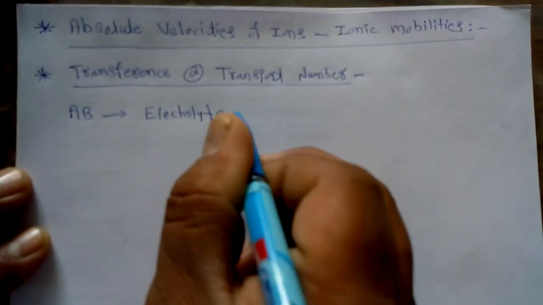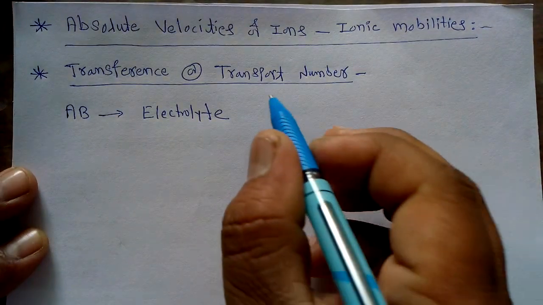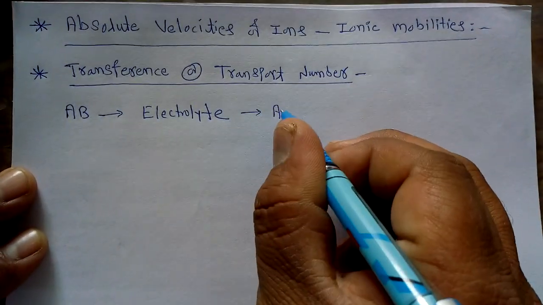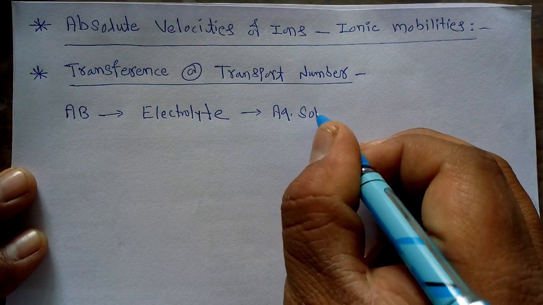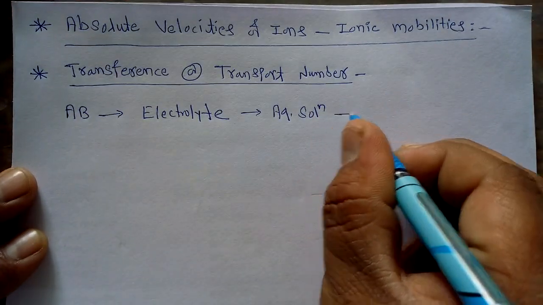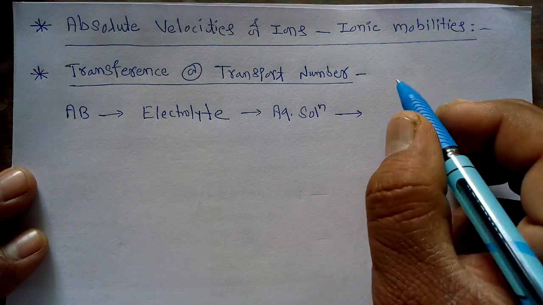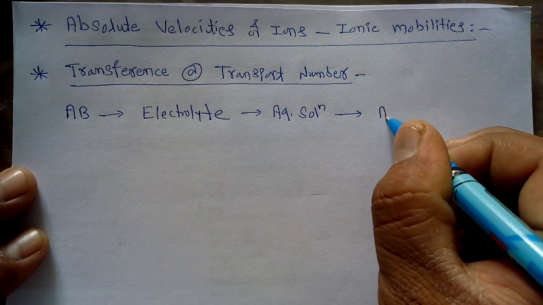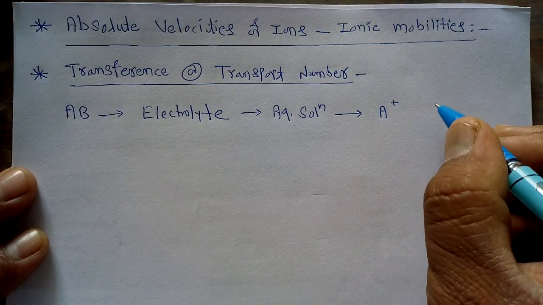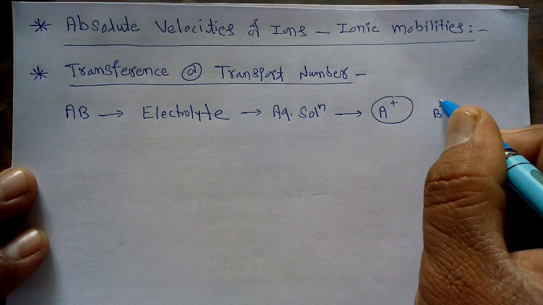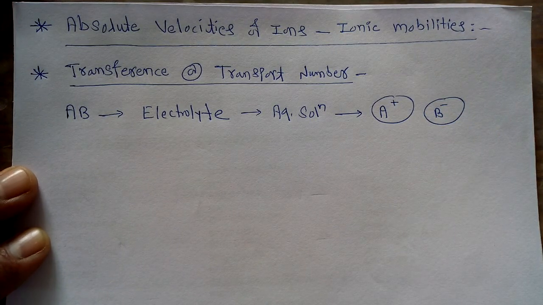Whenever we consider its aqueous solution, what happens? It has its respective ions, A plus and B minus. So these two ions are present in the solution.